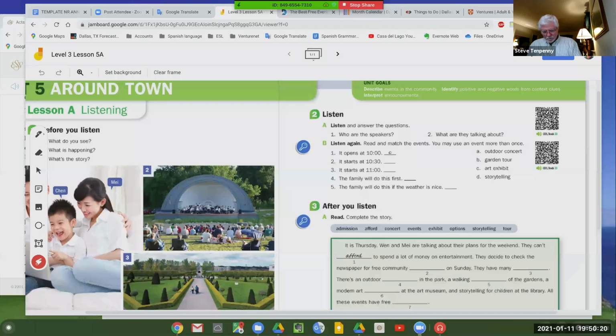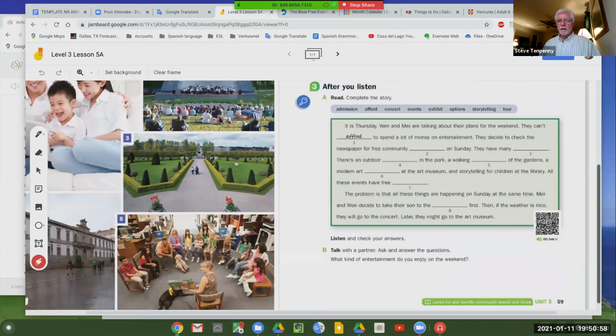Yeah, number 2, it was at 10:30. Good. And then number 5, it said the family will do this if the weather is nice. They want to go, if the weather is nice, to the outdoor concert. Good. All right. The outdoor concert. You can't do an outdoor concert if it's raining. Yeah. No one will come.